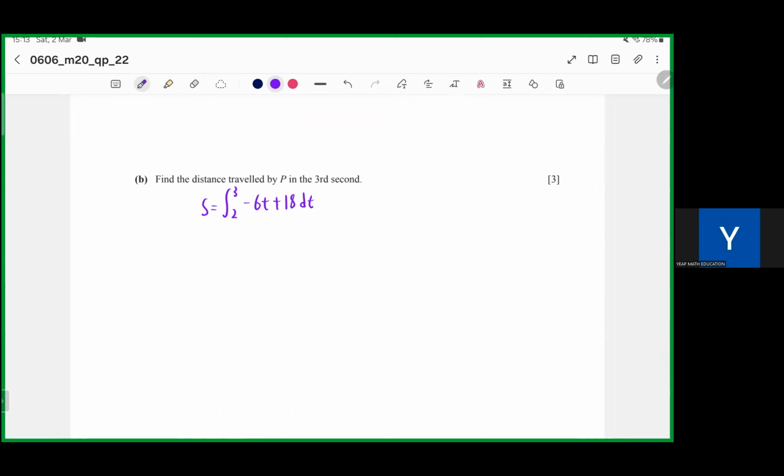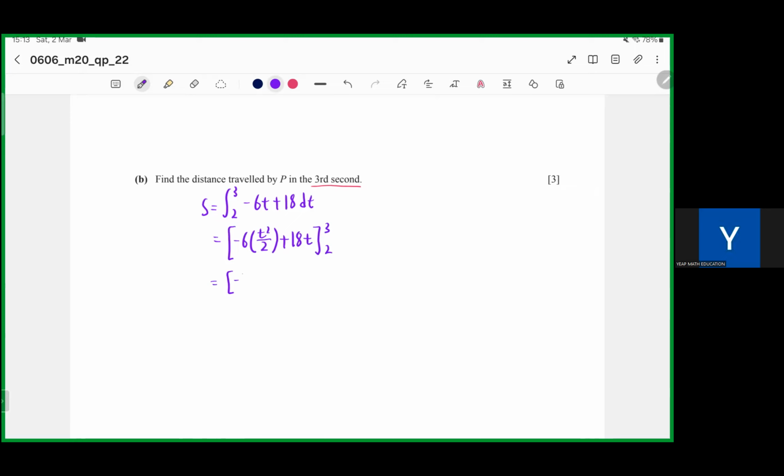Here you don't need to find the plus c again because they already give you this information, so you don't need to find the indefinite integral. So we get -6 t squared over 2 plus 18t, from 2 to 3.